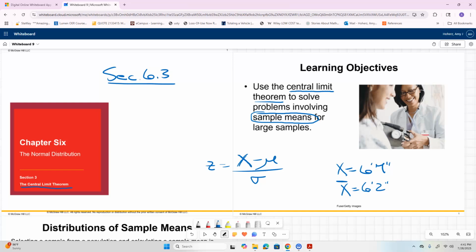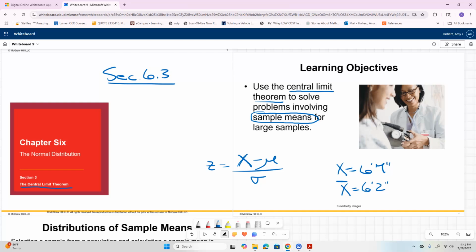And so that demonstrates what we're going to be doing in this section. We have to alter things a little bit, because an individual value being above the mean by a certain amount is a lot more likely to happen than to have an entire sample have their average above or below the mean by very much. Because when we do that sample, you get some that are below, some that are above, and we expect our average to be somewhere close to the mean, to the mu of the population.